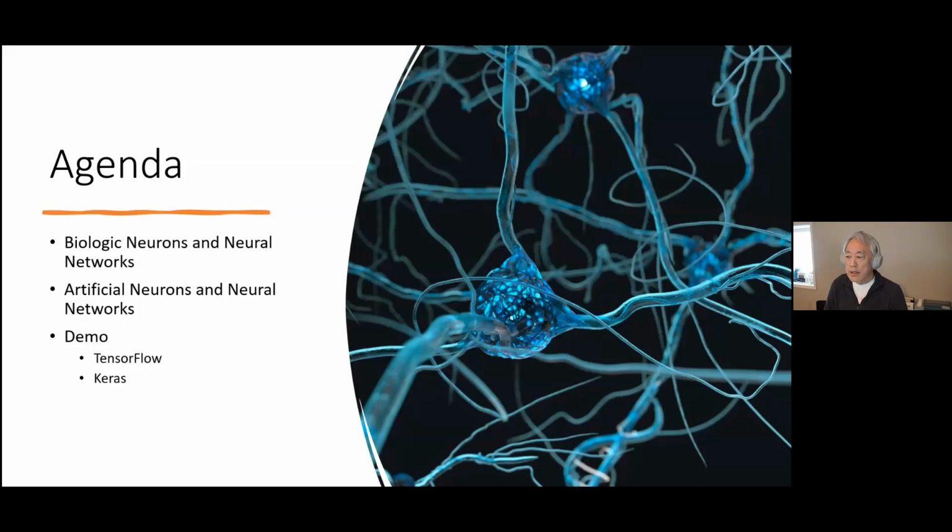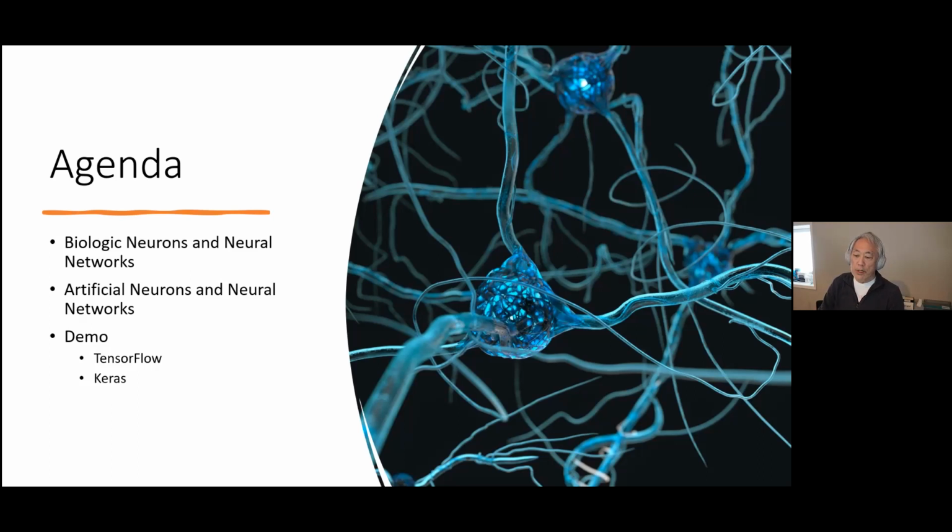Okay, so here's our agenda for today. And I modeled this on the way he did the book with great license from what Aurélien did. We'll first start with a quick introduction of biological neurons and neural networks, which is the incentive of why we have our artificial neural networks and neurons.